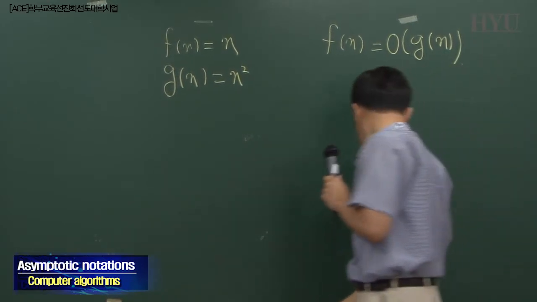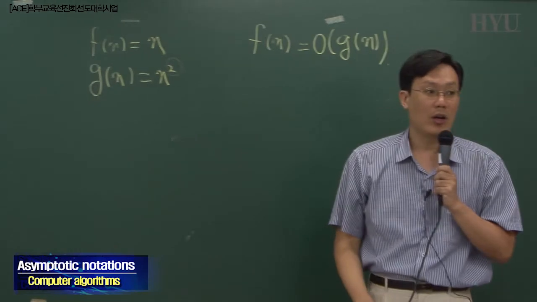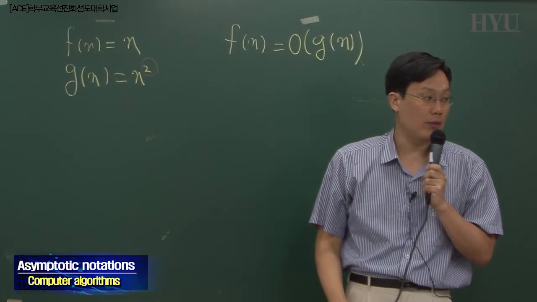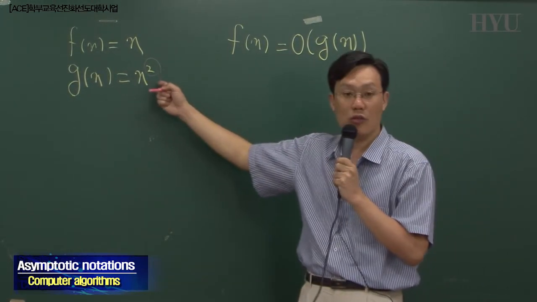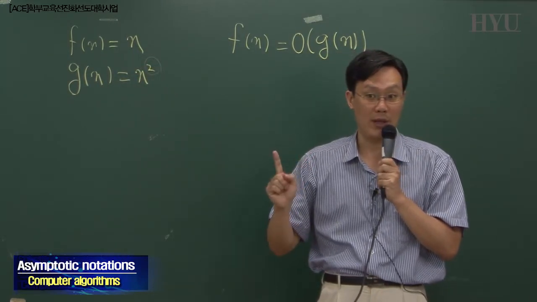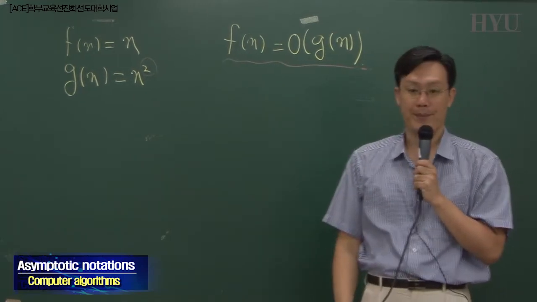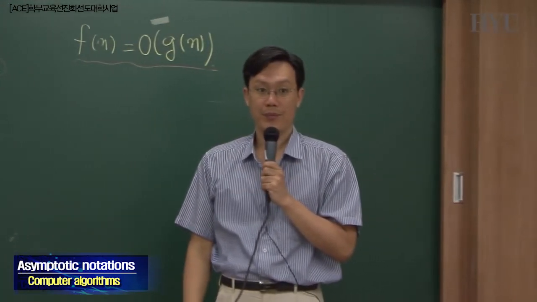Because the highest degree of g of n is 2, but the highest degree of f of n is just 1. So we can write it in this form.